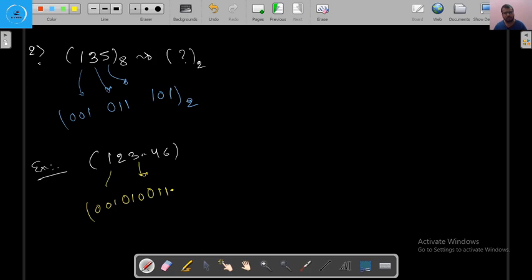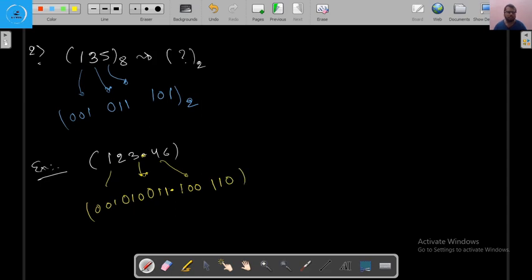This is the decimal point; we write it as it is. Then for 4 we can write 100, and for 6 we can write 110.